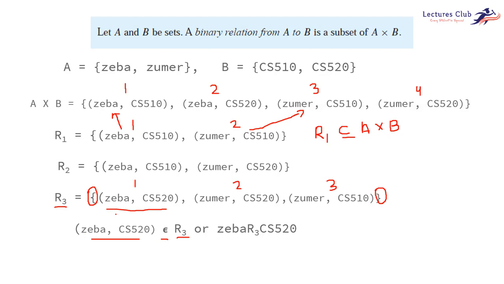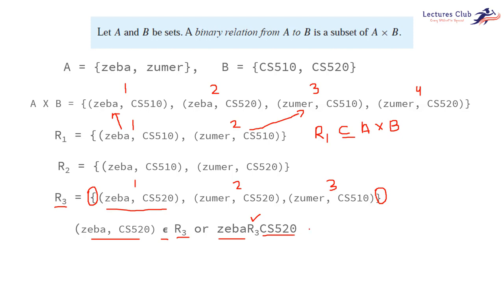So if we represent that Zeba CS520 is an element of R3, there is another way to represent this. We will write Zeba, the first element of the ordered pair, then we will write the name of the relation, and then we will write the second element of the ordered pair.